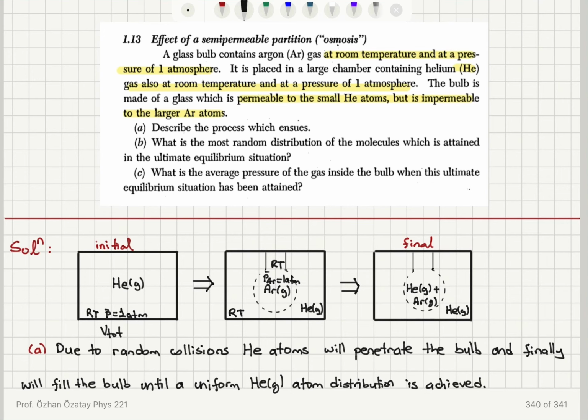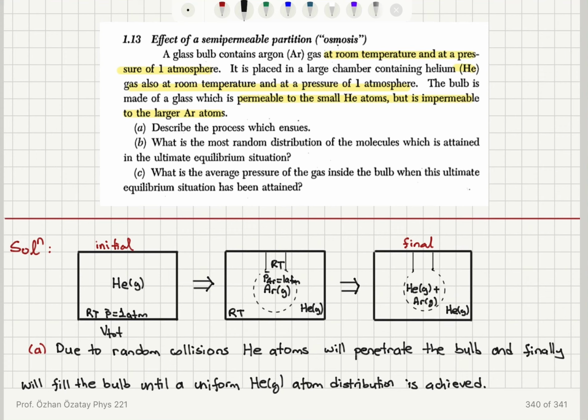Since the helium atoms are allowed to permeate the glass, they will fill the glass bulb until we have a uniform distribution of helium atoms everywhere. What is the most random distribution of molecules in the ultimate equilibrium situation? Well, the helium atoms will fill the glass bulb until we obtain a uniform distribution of helium atoms entirely in the container.